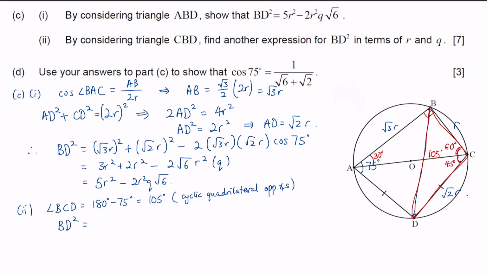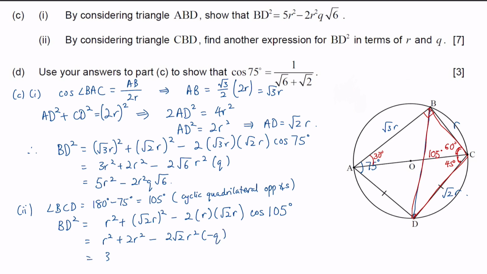BD squared is equal to r squared plus (root 2 r) squared minus 2 times r times root 2 r cosine 105 degrees, which is negative q. So this is r squared plus 2r squared minus 2 root 2 r squared times negative q, which is 3r squared plus 2 root 2 q r squared. That's BD squared.